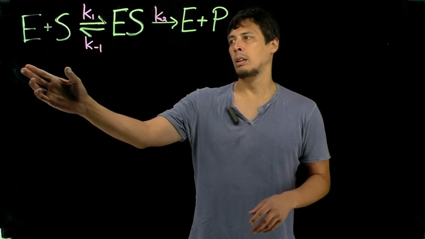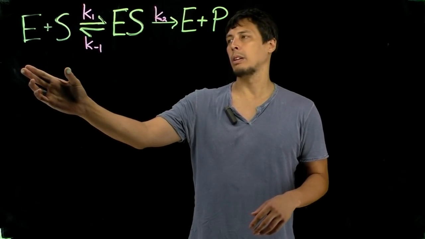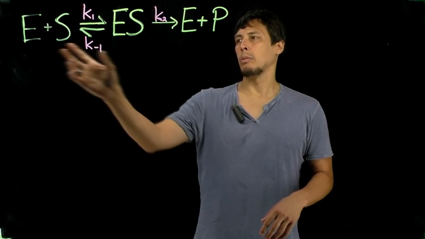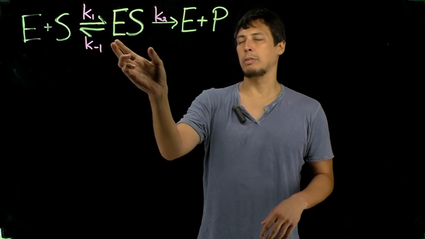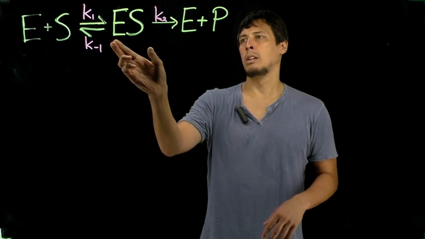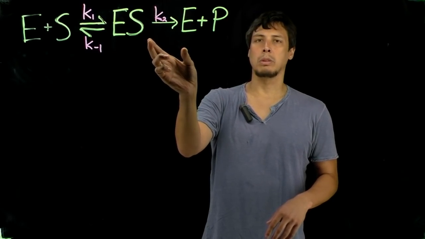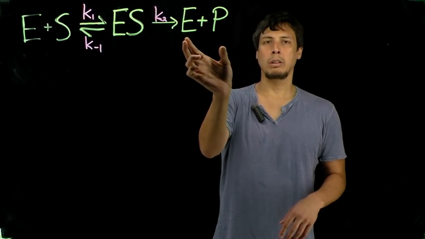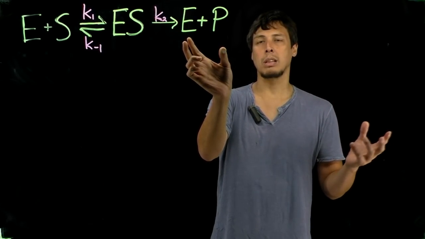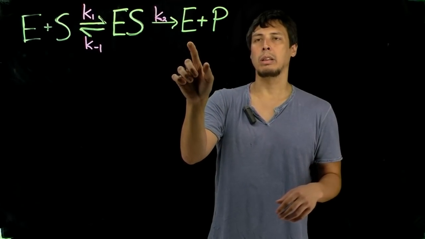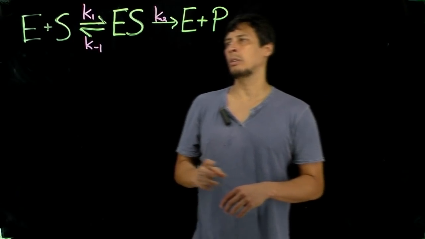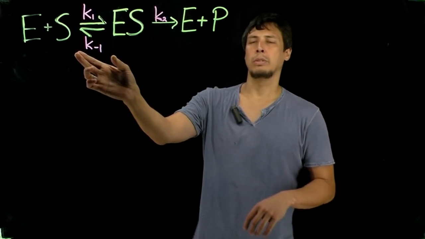And so this is a typical, or a very simplified, mechanism for an enzyme, where enzyme binds to substrate in the first step, in a reversible binding step, to form the enzyme substrate complex. Then there's an irreversible chemistry step, where the substrate is converted to product and the product is released simultaneously to regenerate the enzyme. Now notice for the reversible step, you have two rate constants.